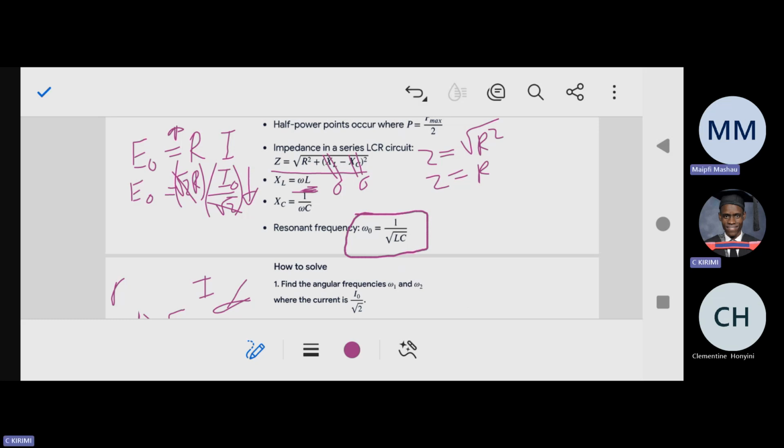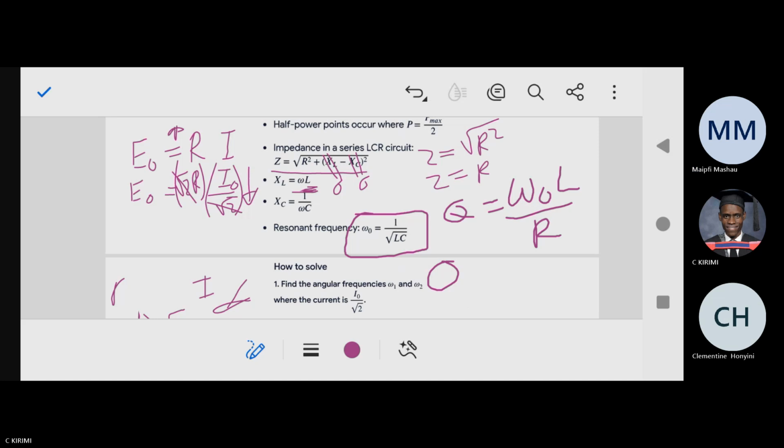Yes. So there's no point for you to say you have been told to show that Q is equal to W naught multiplied by L over R. So basically what they want you to know, they just want you to put the formula first.